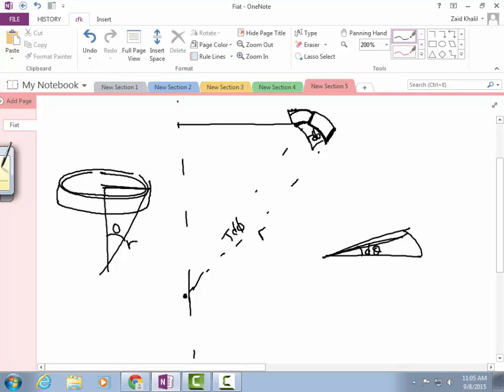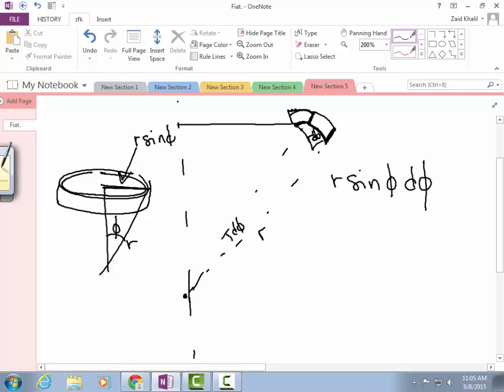So then, what is this length? r sine phi. And so the volume element is going to be r sine phi d phi.